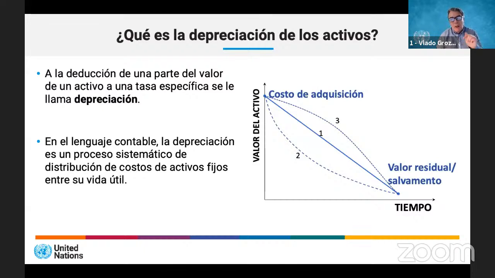On line 2, the dotted line, some assets lose value very quickly in the first years of use, and then towards the end the amount of depreciation is smaller and smaller, until the end, where we call it the salvage or residual value of our assets.